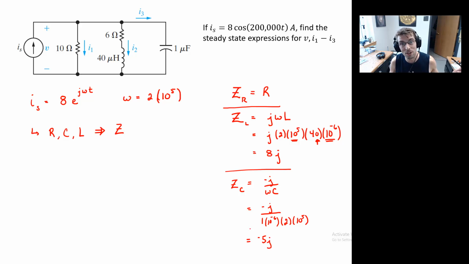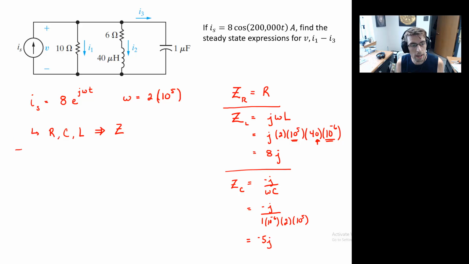In other words, you could think of it as the unit circle: if the current is 100% in the real axis direction, then the impedance of the capacitor and the impedance of the inductor will be 90 degrees to that. And that's the purpose of that j in there. Okay, so now we have our impedances.